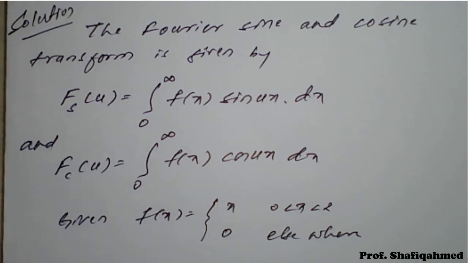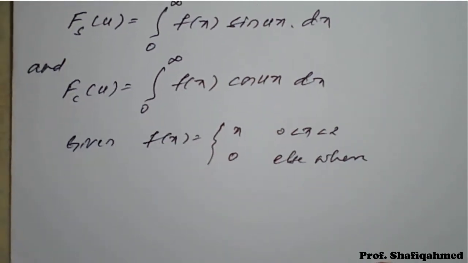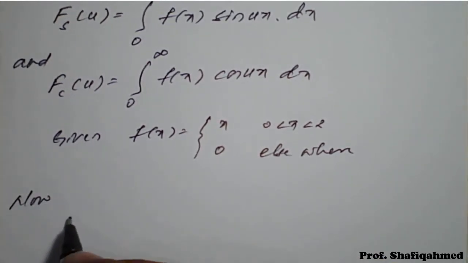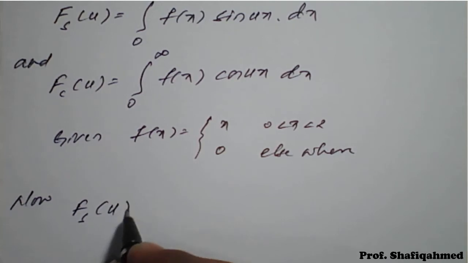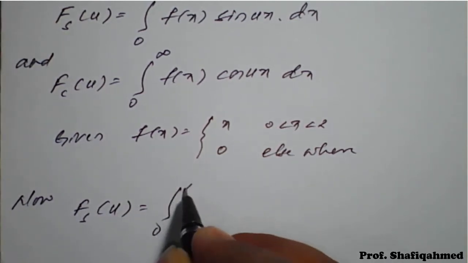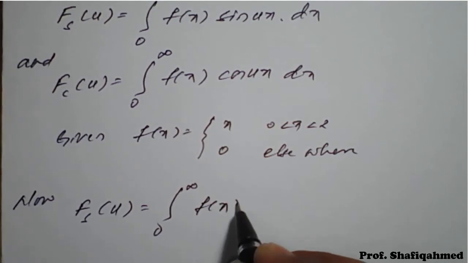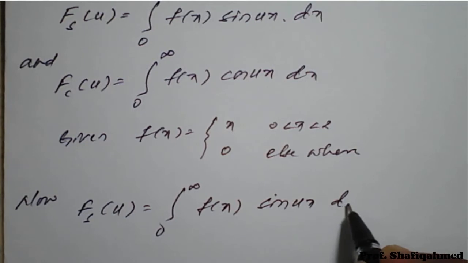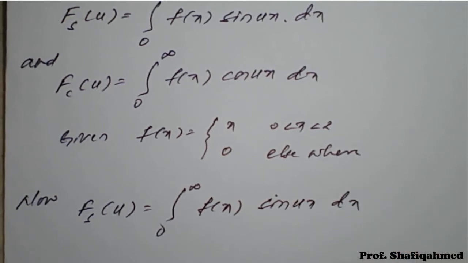First I will take the Fourier sine transform, that is fs of u is equal to integration 0 to infinity f of x into sine of ux into dx.